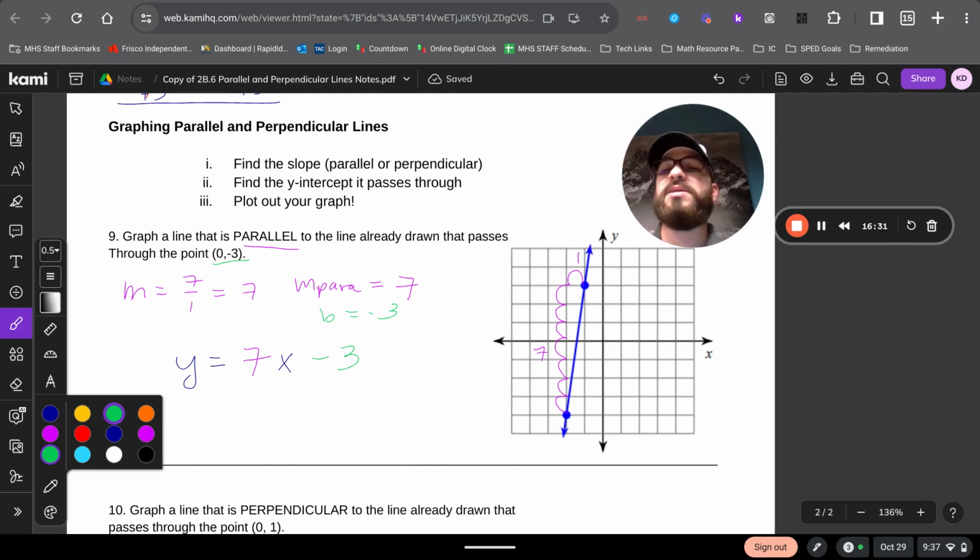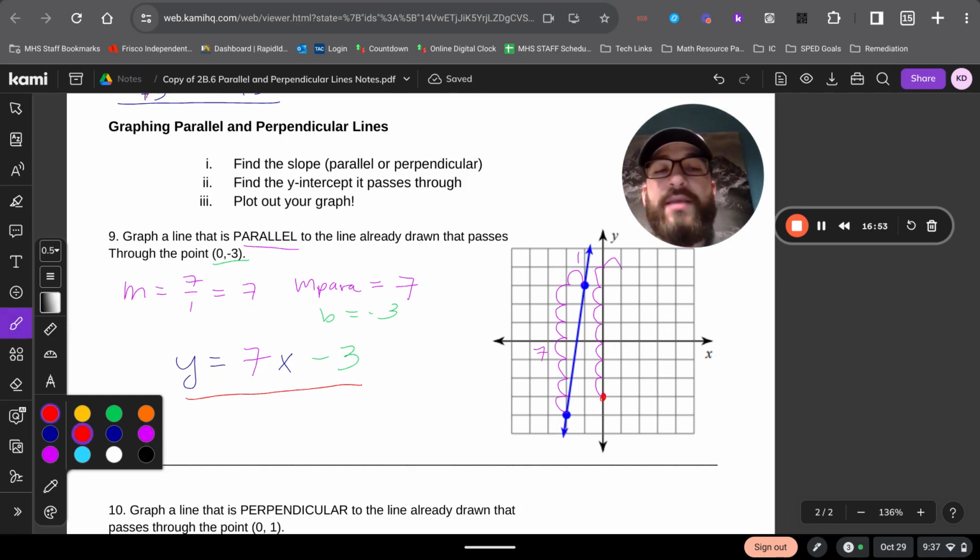But remember, we want to not just write the equation, we want to actually graph that line. So we can use our graphing skills here real quick. Y-intercept first of -3. And then I'm going to go my slope of 7 over 1. So 1, 2, 3, 4, 5, 6, 7, and then over 1.